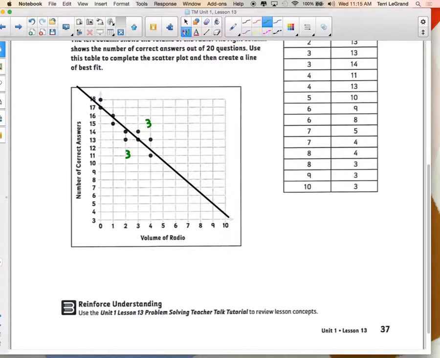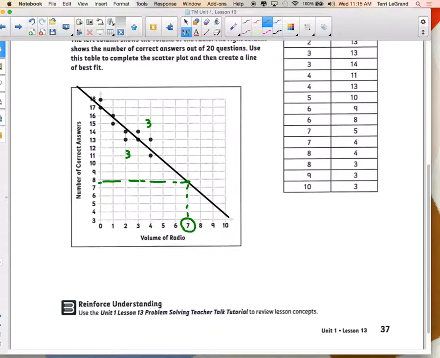I'm sorry, what? About 4 correct? Okay, well, don't we have to go to 7 right here? You do this on yours, then follow it up to the line, make a mark right there, and then follow it across and see how many correct they would get. This is just a prediction.